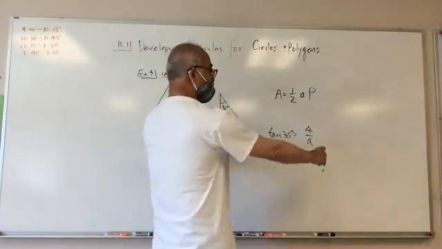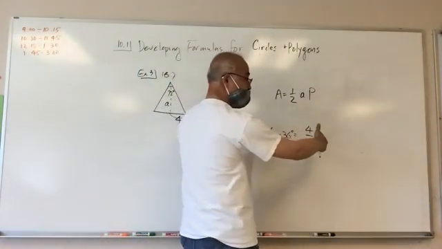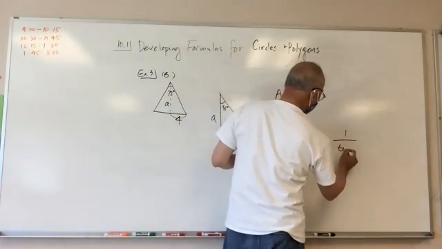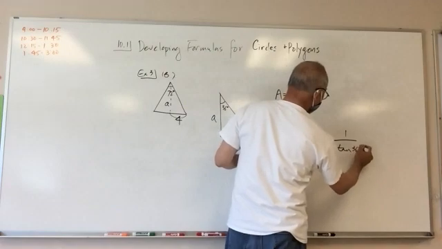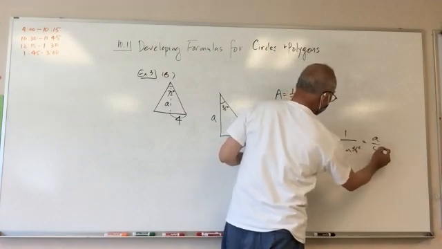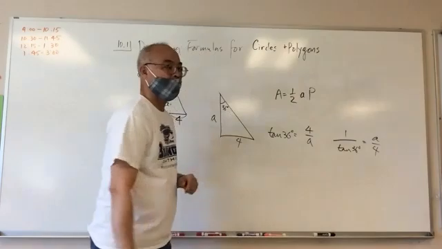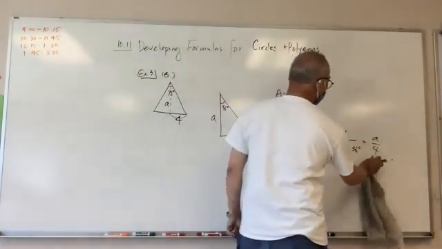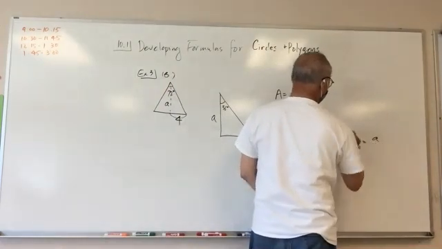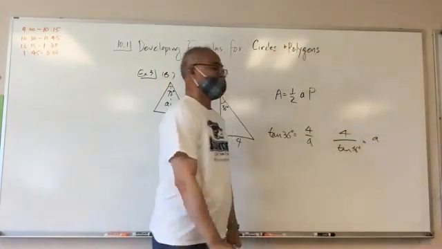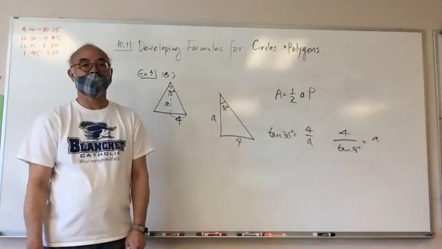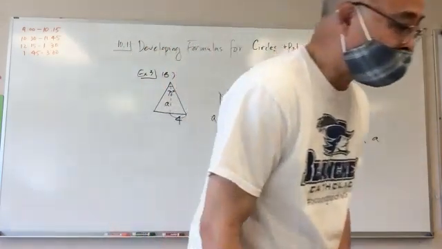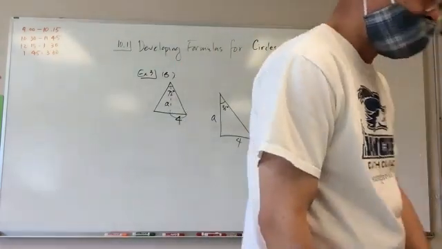Okay. So here we're going to do the trick where we flip both sides. 1 over tangent 36 degrees is equal to A over 4. Then I'm simply going to multiply 4 on each side. This 4 cancels out. That's my A. Right? According to the book, I don't know what it is.